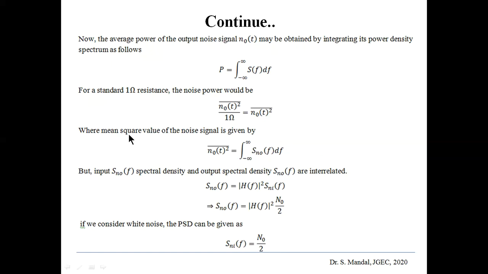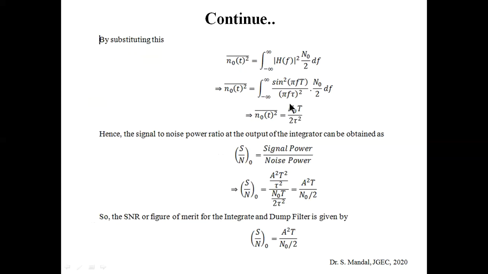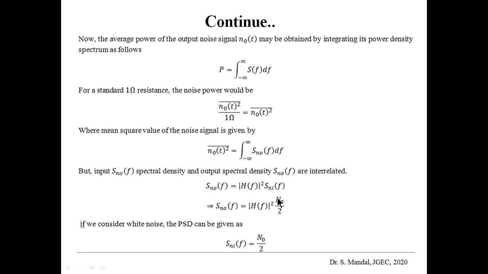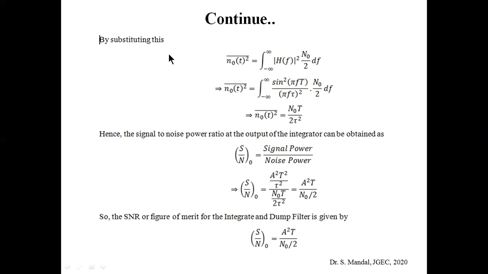Okay, now we want to calculate the mean squared value, |n0|². If we substitute this value of |H(f)|² into this equation, what will be the mean squared value of the noise power?